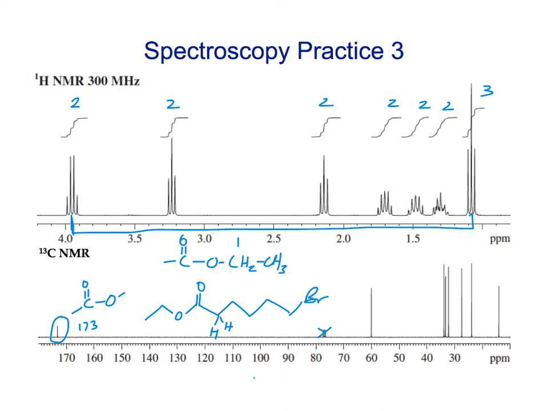Can you explain how you got the integration values? Oh, sure. So for the integration, what we do is we just measure the height from the top to the bottom of this. What I would notice is that that height is the same as this one. We can just go across and we see all of these are the same until we get to the last one, and that's just a little bit higher.